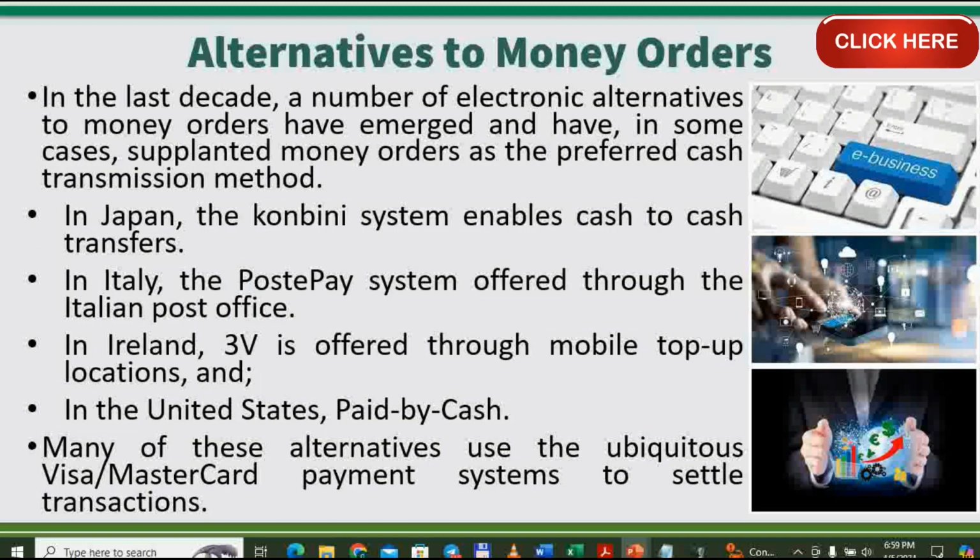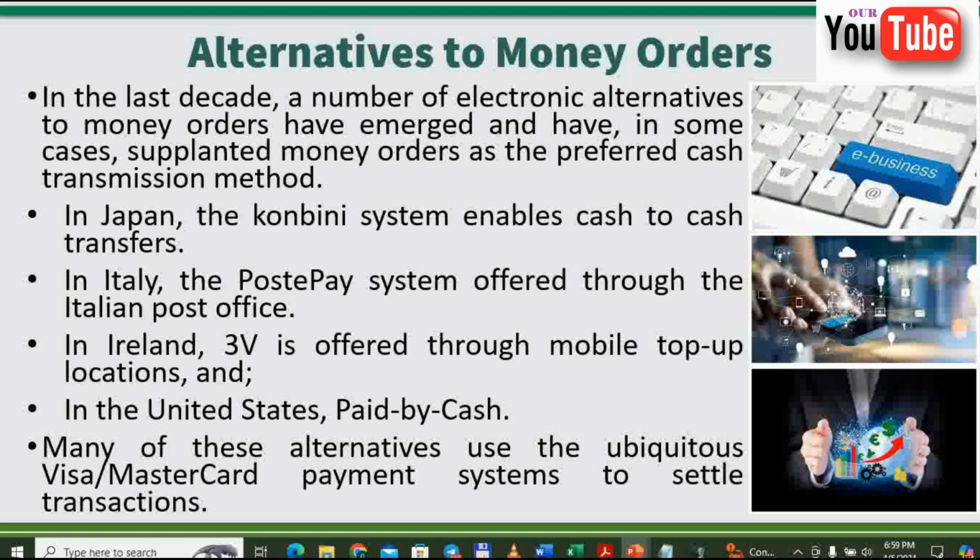We also have alternatives to money order. In the last decade, a number of electronic alternatives to money order have emerged and have, in some cases, supplanted money order as a preferred cash transaction or transmission method. This is unique to different locations or regions around the world. In Japan, the Konbini system enables cash to cash transfer.